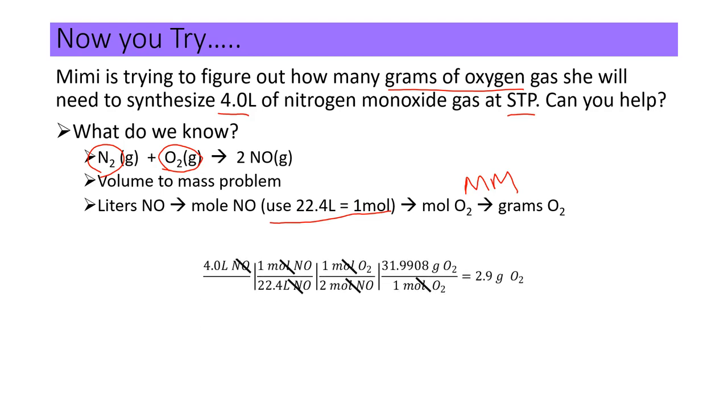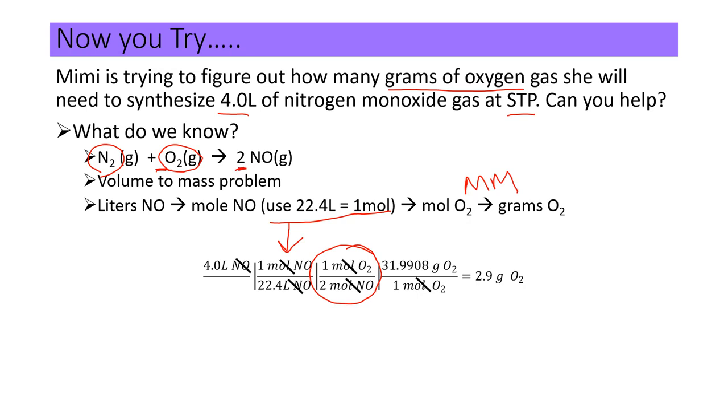Here's the setup. 4.0 liters times our first unit factor, which will get us to moles. Remember, how do we get to moles? Then we use the mole to mole relationship from the balanced chemical equation right here. You'll see there's an understood 1, and we know there's a 2.